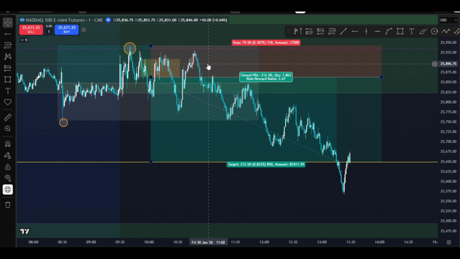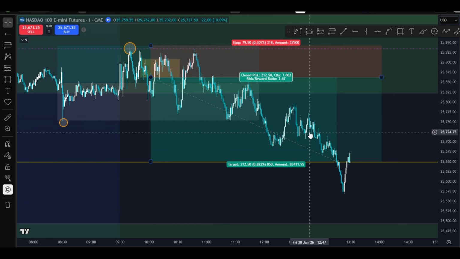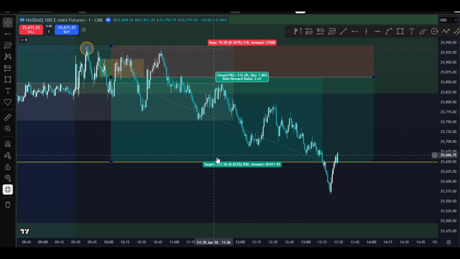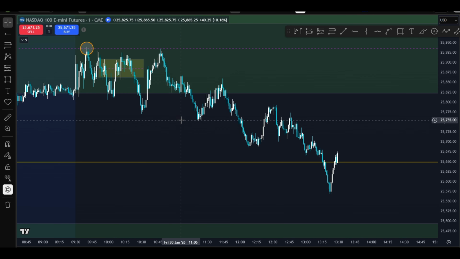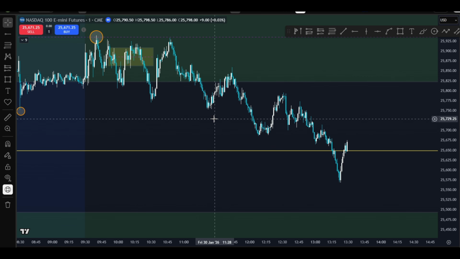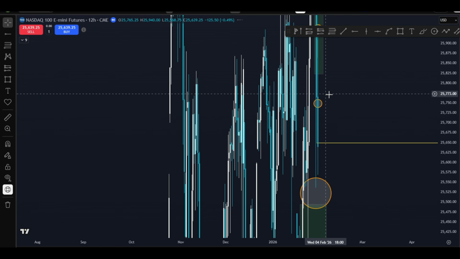So with higher time frames being respected, we can expect a higher probability that it will go into these internal liquidity and external liquidity. But the main focus we want to cover today, before we end today's example, let me jump into the higher time frame.